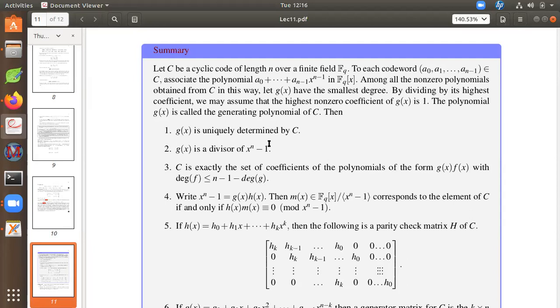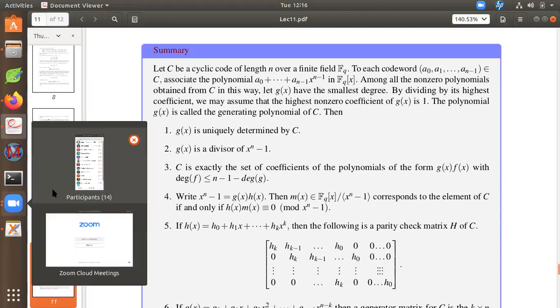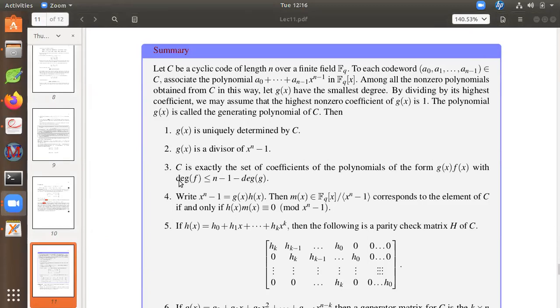Among those polynomials, there is automatically one of the smallest degree. In a field, I can divide by the highest coefficient, so without loss of generality, I can assume the leading coefficient of g of x is 1. This polynomial is called the generating polynomial. Is everyone clear with that? Can you tick yes if you are clear, please? Don't worry about the remaining aspects.